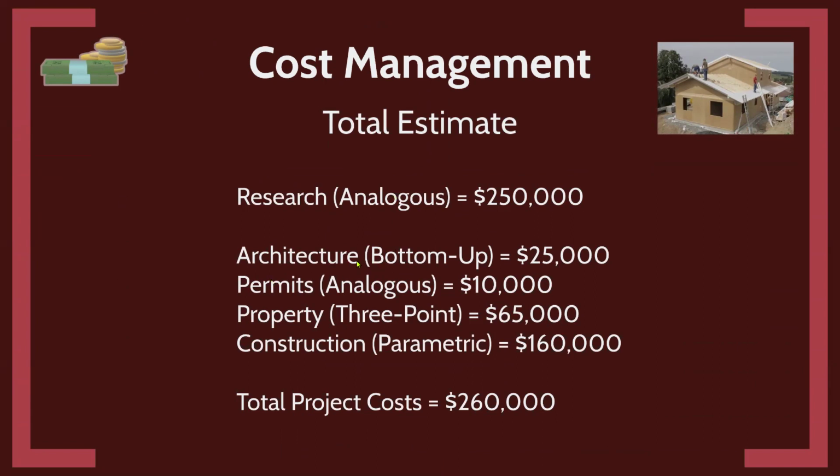And then for services, we might use a bottom up, again, for that permitting or property approach. It could be this as I'm trying to negotiate property. It could be this on the high end, this on the low end. And I can use that sort of PERT approach to that. And then again, for construction estimating, we're maybe going to use a parametric estimate. So all of those things together, right, that's going to add up to what our total project cost is.